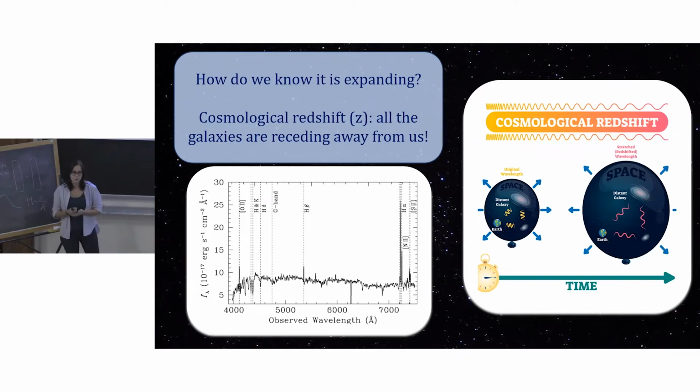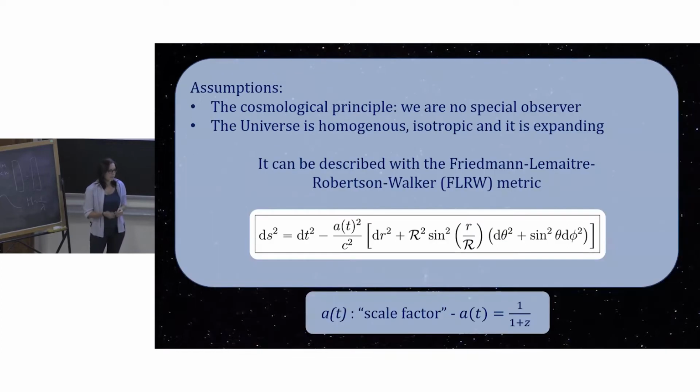And of course, there is a relation between the redshift and the time. The light that was emitted at earlier epochs, we see it more redshifted than the objects which emitted closer to us. So going back to the assumptions, if we take these assumptions, we can describe this space-time with a certain metric, which is the Friedmann-Lemaitre-Robertson-Walker metric, which is a long name, but it's quite simple.